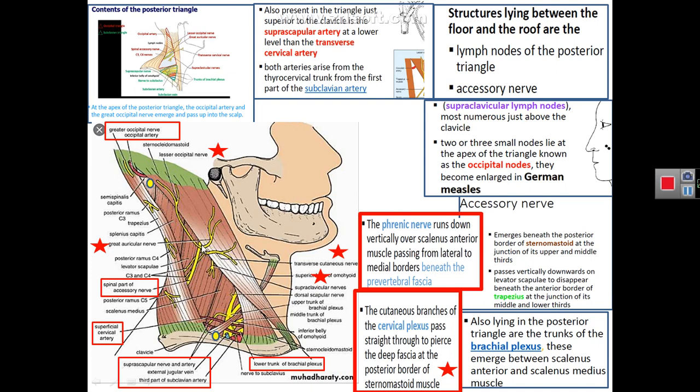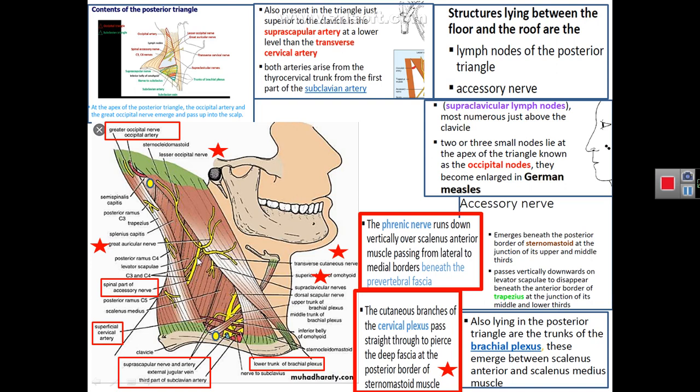The accessory nerve projects from the posterior border of sternomastoid at the junction of its upper and middle third, runs downward and backward on levator scapulae to disappear deep to the anterior border of trapezius at the junction of its lower one-third and middle one-third. And actually, the accessory nerve is a key structure in the posterior triangle of the neck.